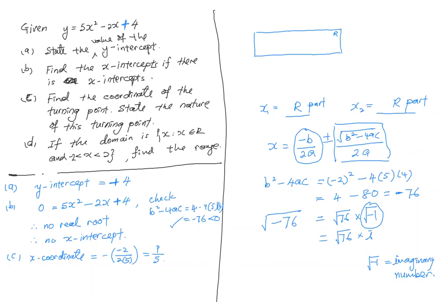So your y coordinate will be 5 times (1 over 5) squared, minus 2 times 1 over 5, plus 4. So that is equal to 3 and 4 over 5. Am I right? Yes. Okay.